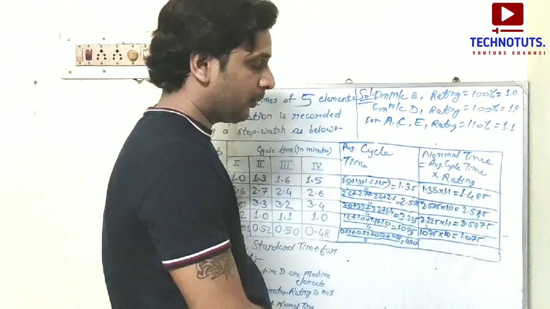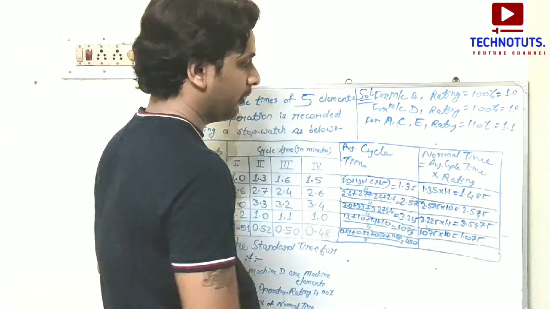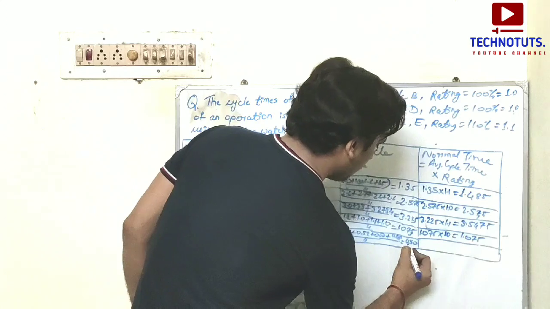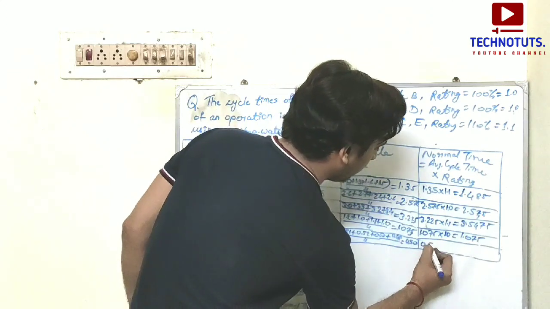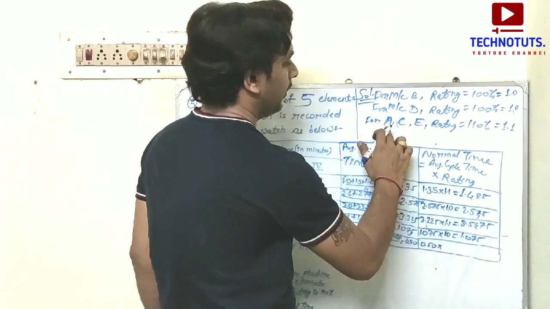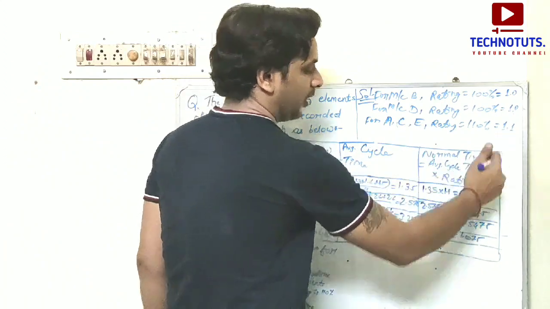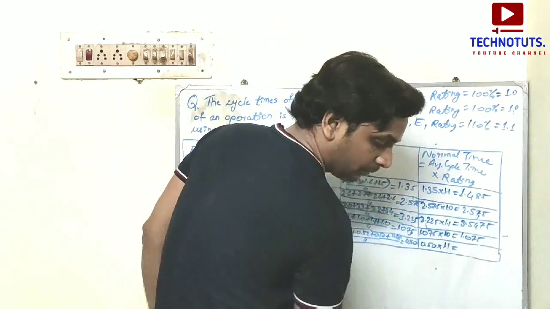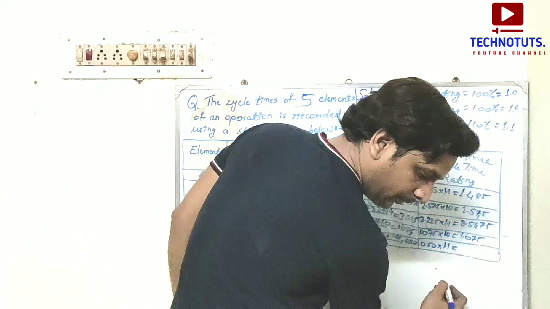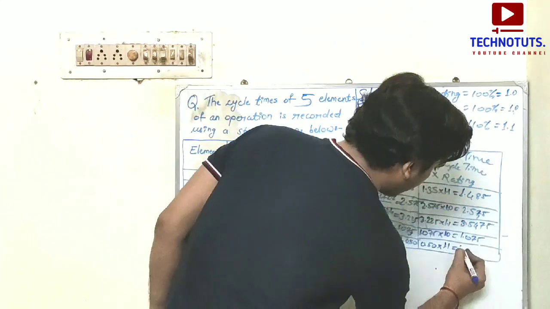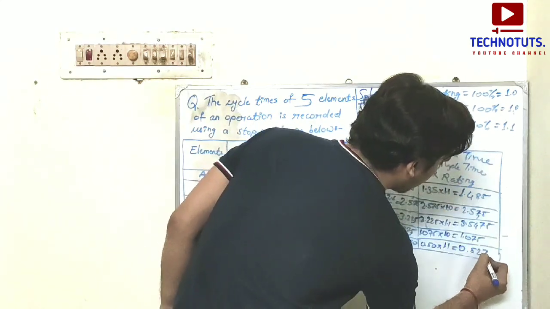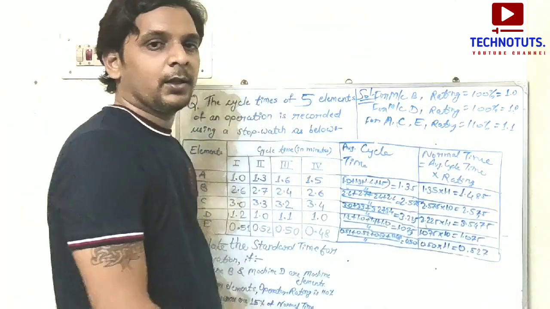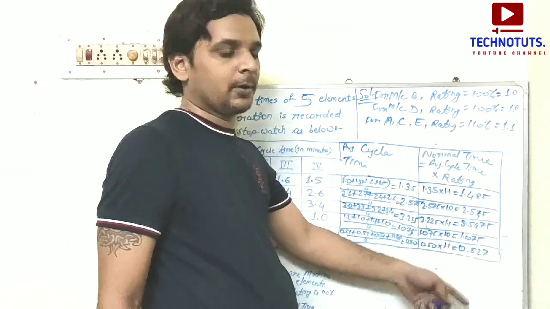Now for element number E, we will calculate normal time. So average cycle time is 0.50 into rating for element E, which is 1.1. So what will the value be? The value will be 0.527. I have already calculated the values, that's why I am writing from here.